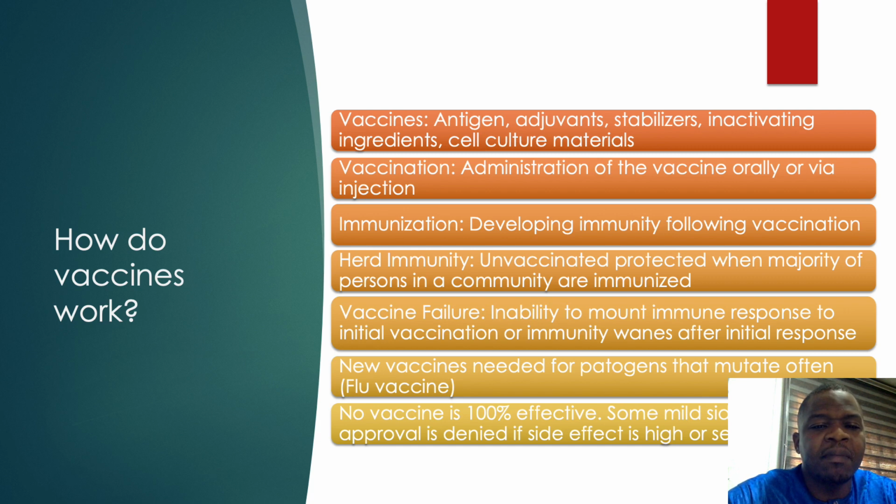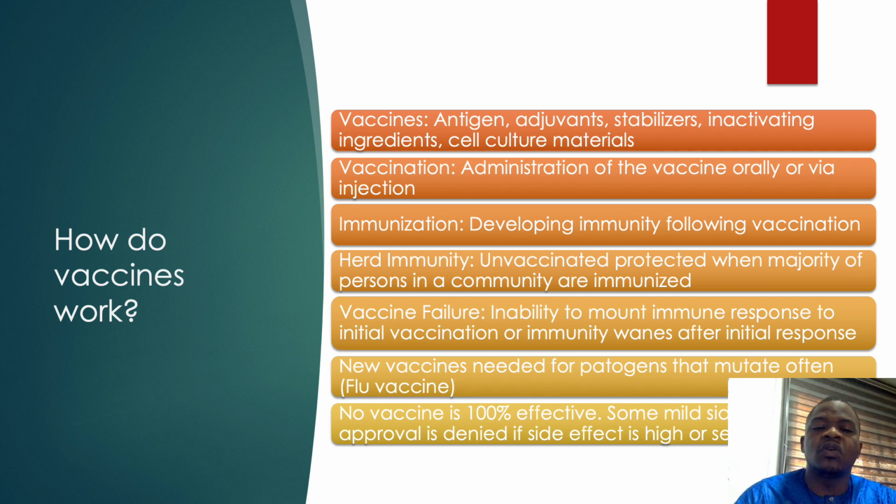Another thing we need to know about vaccines is that there can also be vaccine failure. Sometimes you hear stories like, "Oh, I was vaccinated. Why did I still fall ill of that disease?" There's vaccine failure, but that's not the only reason. There are also cases where the vaccine is not properly stored and it loses its efficacy, or it's not properly given. But one important thing to note is what we call vaccine failure.